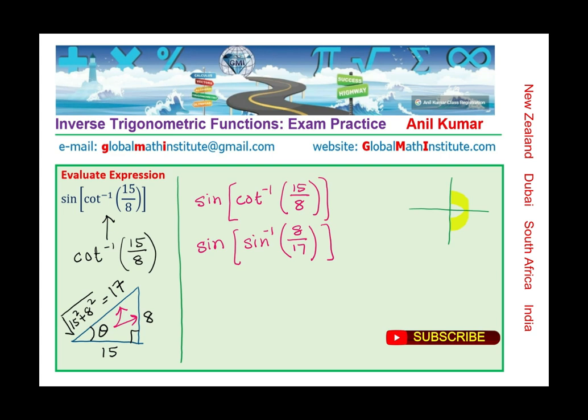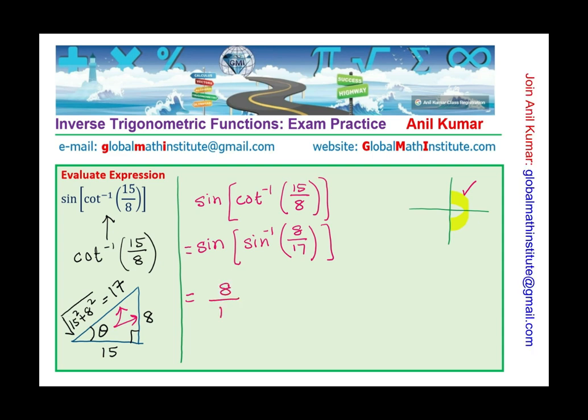And as you know, since this happens to be in quadrant 1, which is within the domain where the sine inverse is defined, it should be equal to 8 over 17. Makes sense. So these are the simple steps to solve such problems. I hope that is absolutely clear.